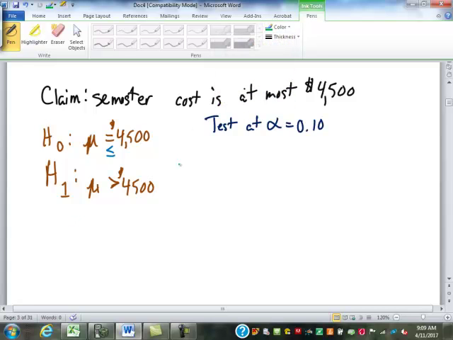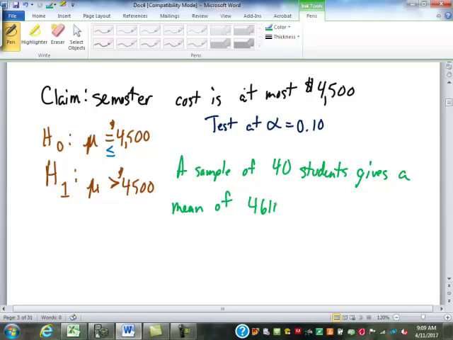So let's say a sample of 40 students gives a mean of $4,610 and standard deviation of $180.